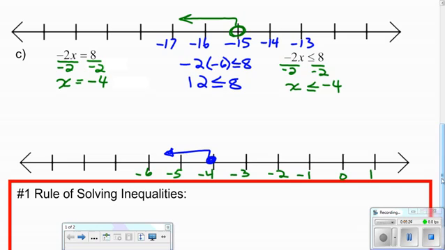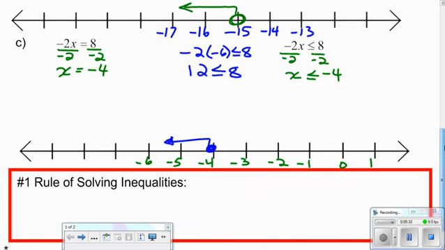So there's something we need to keep in mind here when we are dividing by a negative, which is really important. This is our first rule of inequalities. So this is an incorrect solution.